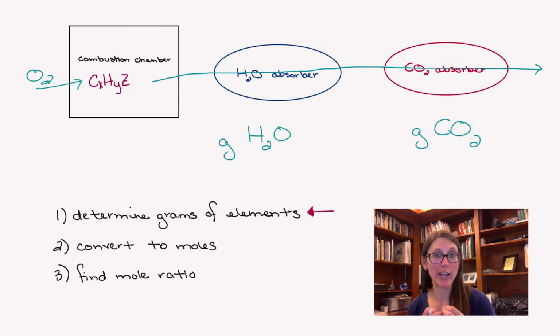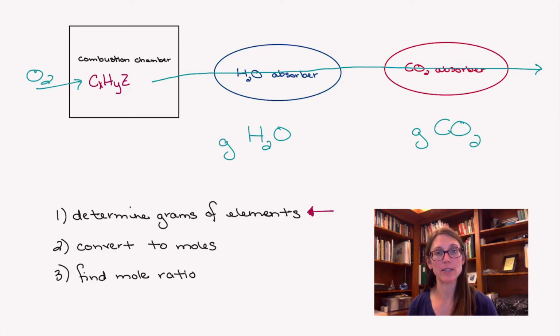We're going to use the grams of H2O that were generated to figure out how many grams of hydrogen were present in the original compound. We're going to use the grams of CO2 that were generated to determine the grams of carbon that were present in the original compound. Unfortunately, we can't use this to determine how much oxygen was present in the original compound because we added a whole bunch of extra. But I'll show you a trick to get around that.